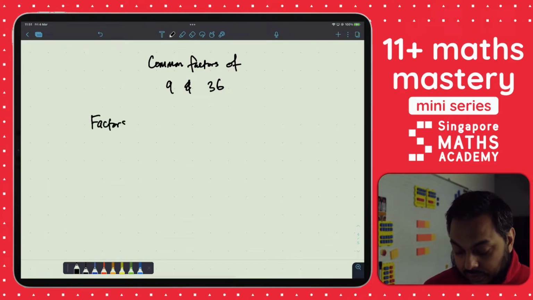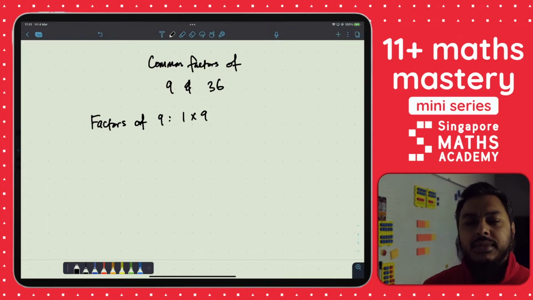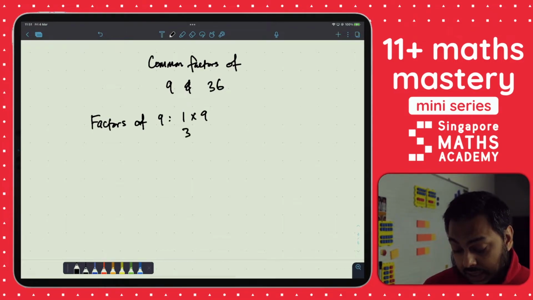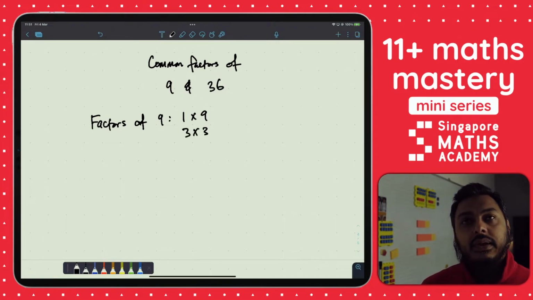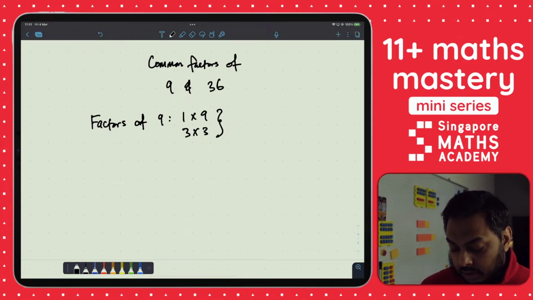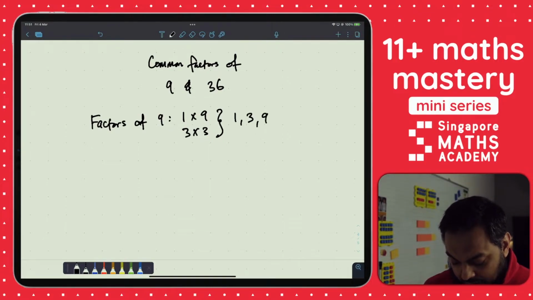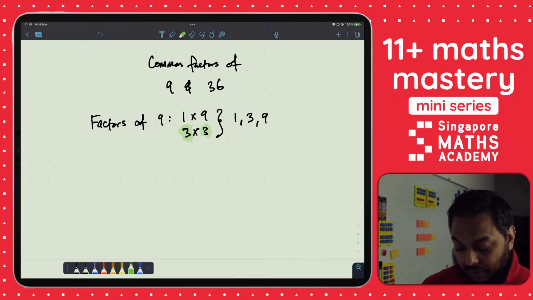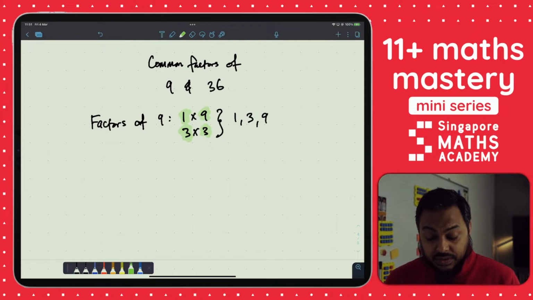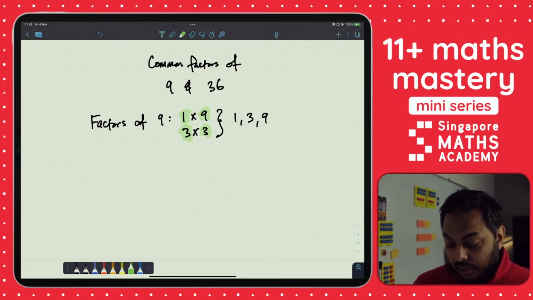Factors of 9 are going to be 1 times 9 is 9. 2 times, nope, can't do that. 3 times 3 is 9. And that's it, right? So therefore, the factors of 9 are actually just 1, 3, and 9. We don't have to write 3 twice because it doesn't make a difference, right? So 1, 3, and 9 are the factors of 9.